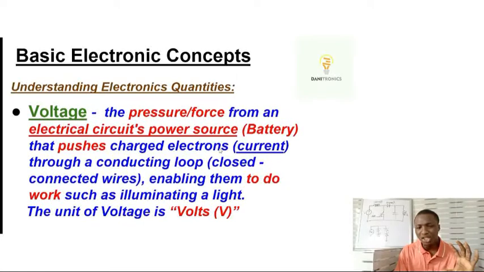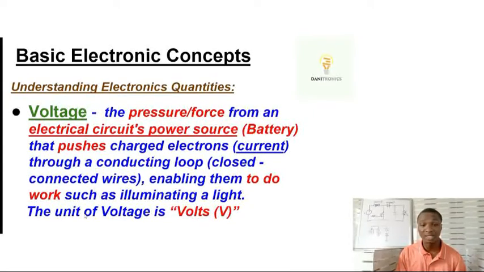So that force that pushes those currents through a conducting loop, that's a closed connected wire system, with the primary purpose of doing work, enabling them to do work, such as illuminating a light, maybe rotating a fan, buzzing a siren, or whatever. So far a force is brought out of the battery to push electronic charge to do work, that force is referred to as the voltage, and the unit is volts.